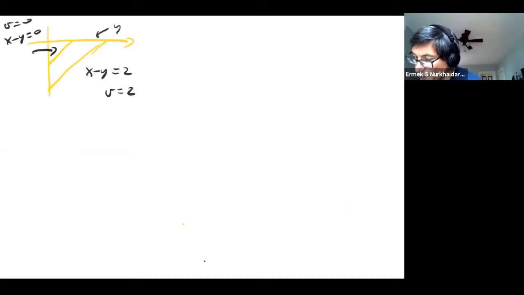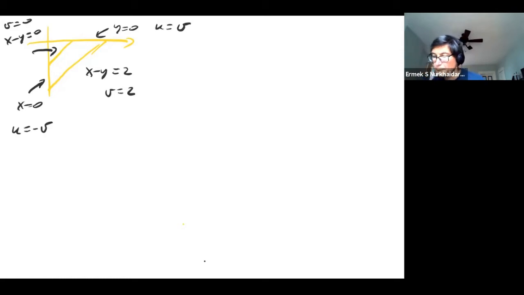That one was y equals 0, which we just did a second ago, given as u equals v. This one was x equals 0, and it gives us u equals negative v. So now we have new boundaries in terms of u and v. Let's draw them.